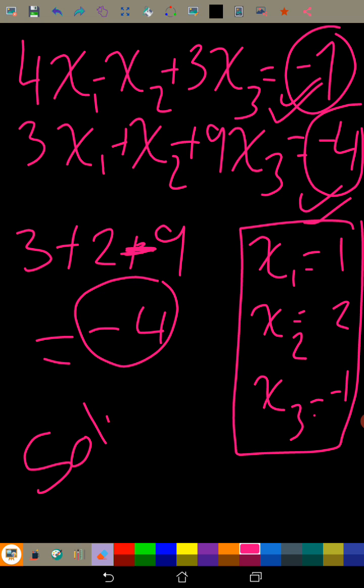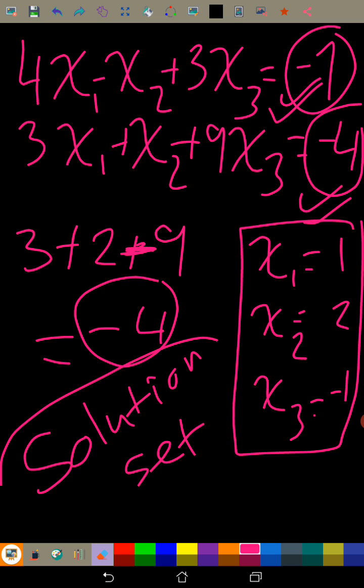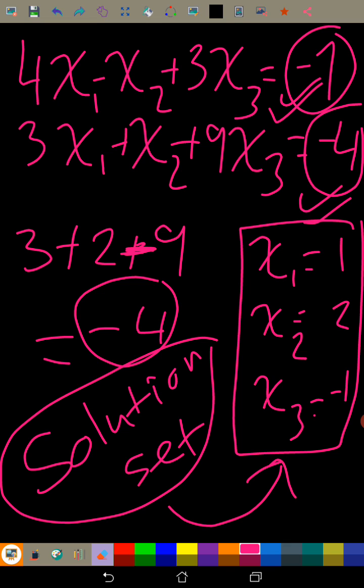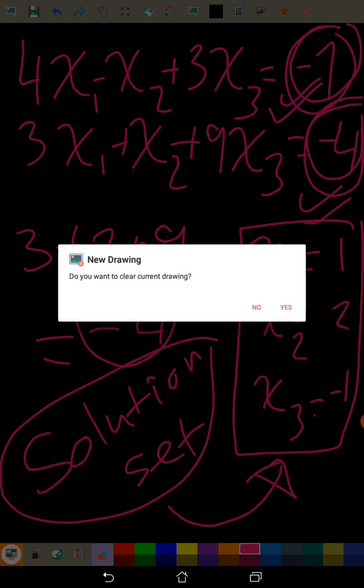I'll write it here. Solution set of this linear system or system of linear equations is a solution set here, right here, because it gives these values here. Okay, and that's what it means.